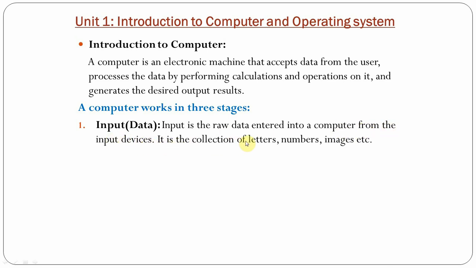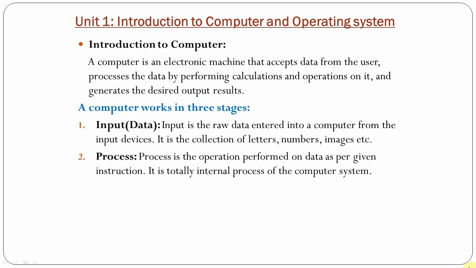It is the collection of letters, numbers, images, etc. Which ones are the input devices? Keyboard, mouse, scanner are the input devices, and input is the collection of letters, numbers, images, text, etc. So this is the first stage of the computer.